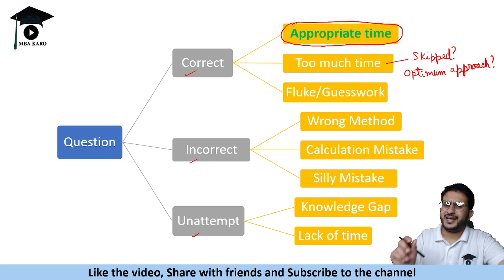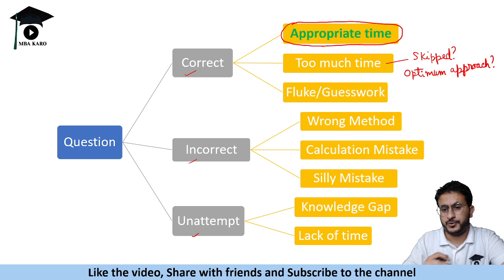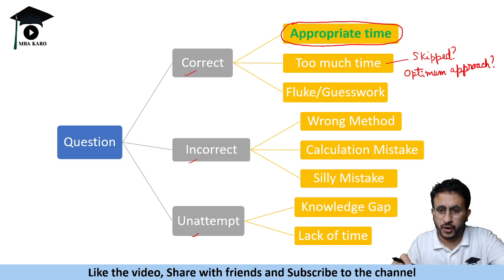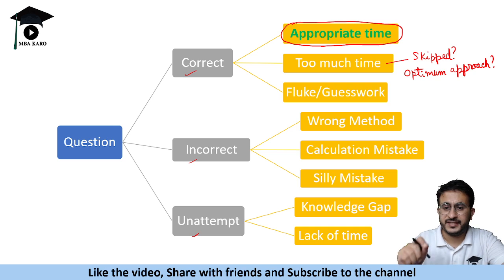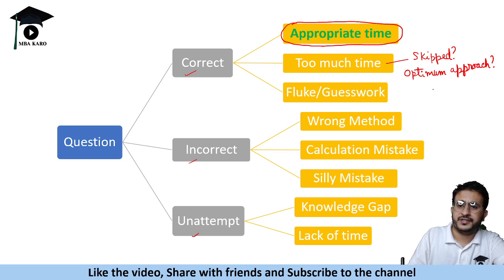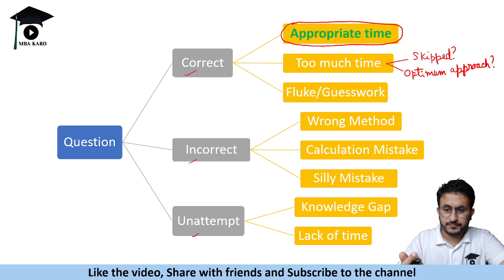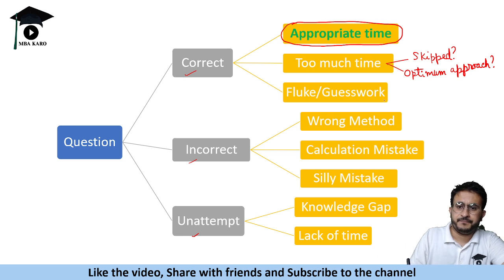So you should ask whether this could have been skipped, or was there a better approach? During the analysis, understand how it is solved. If there is a better approach, then you should go ahead with that approach. Or if it should have been skipped in the test, keep in mind next time if you encounter a similar question, try to avoid it during the test.